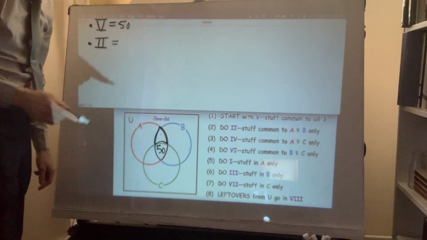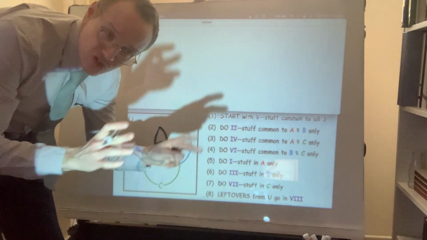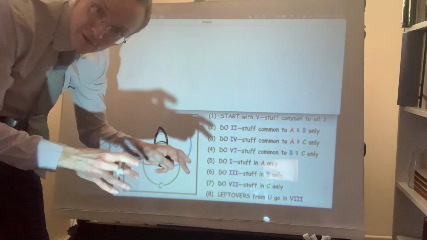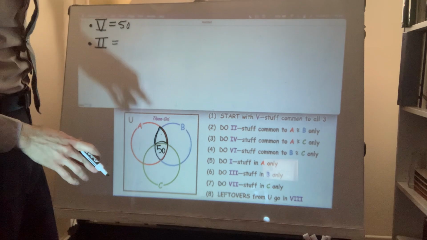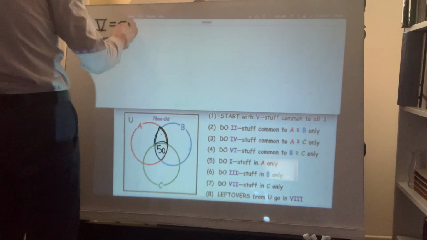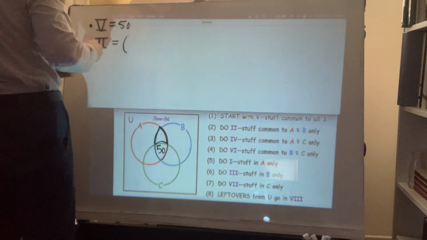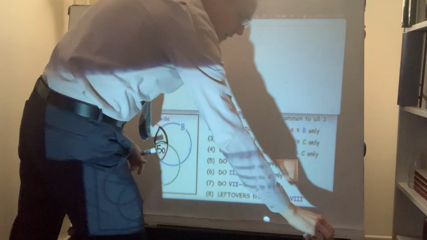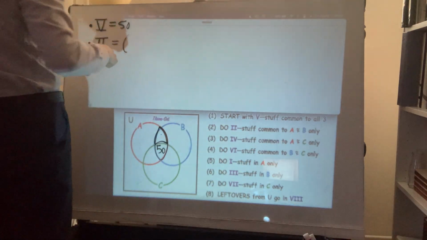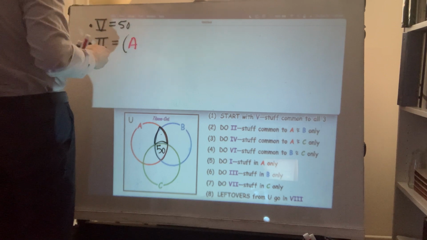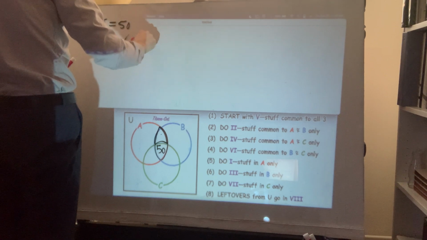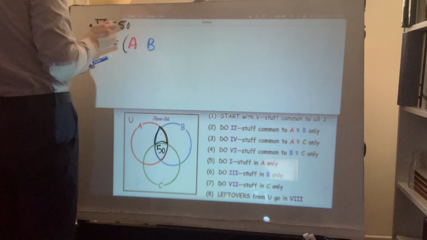What would that represent if I'm sticking with the Venn diagram abbreviations and symbolic logic? It would look like this. You would say, well, it's got to be, this is slowing me down a little bit, but it would have to be that overlap that we just discussed of A and B, right?